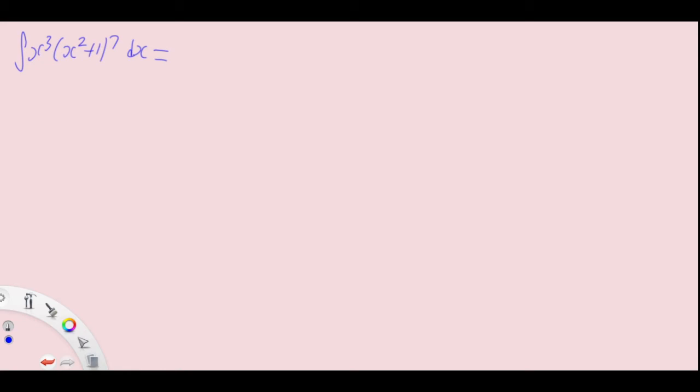Whereas if we use x squared plus 1 as f, as the main function, we have something of the form x squared plus 1 to the power of 7, then we times the x squared. Then we realize you can integrate this one, as this is f prime and this is f(x). So we integrate by parts to get, firstly, x squared plus 1 to the power 8 divided by 16.